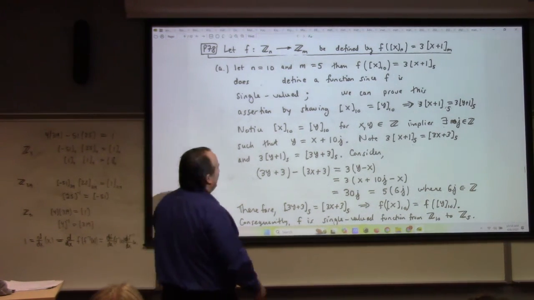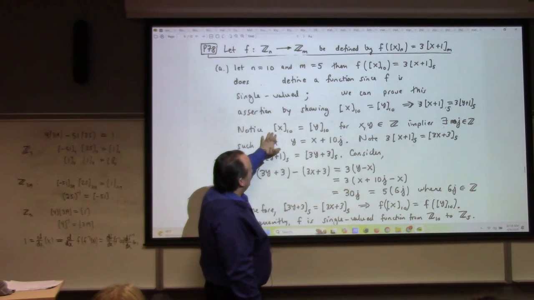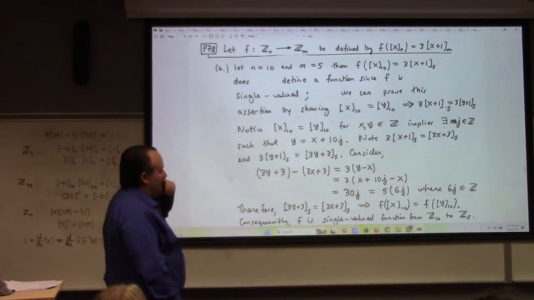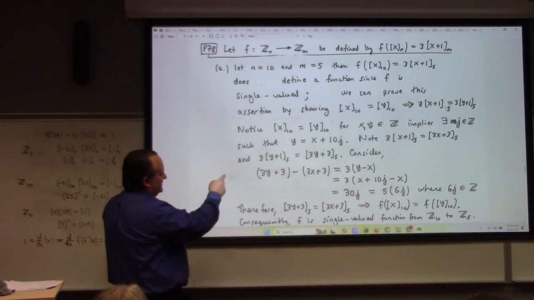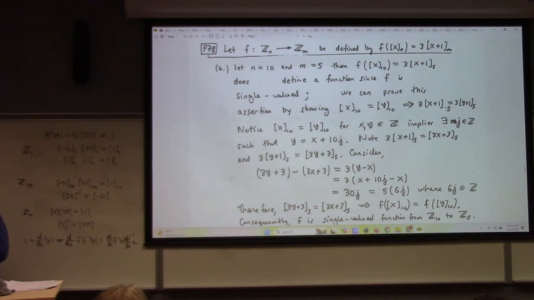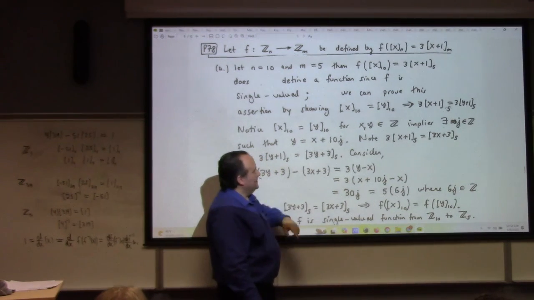Anyway, what I do is I suppose we have x and y, two different representatives, mod 10. For equivalence classes, we need to show that this implies that 3 times x plus 1 and 3 times y plus 1, mod 5, both work out to the same thing. And as such, this means y is equal to x plus 10j.